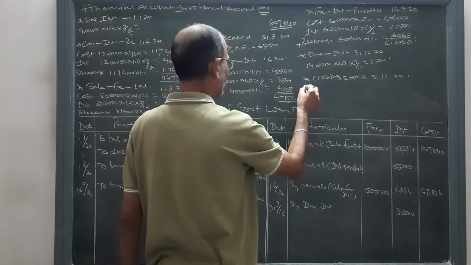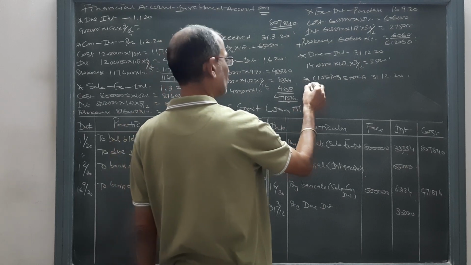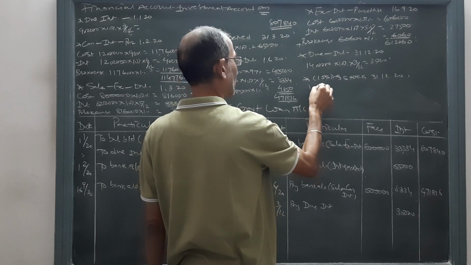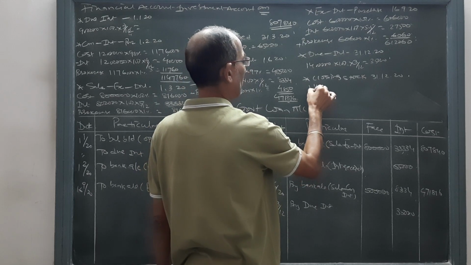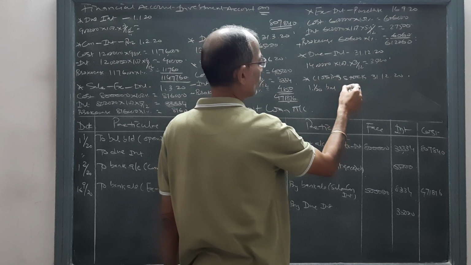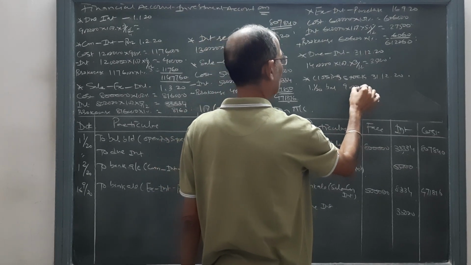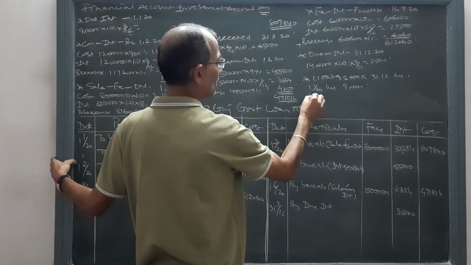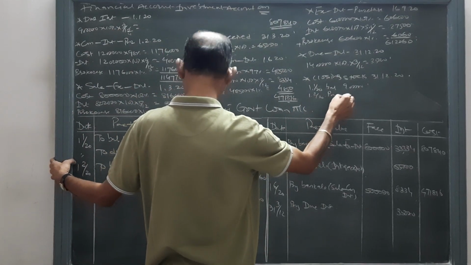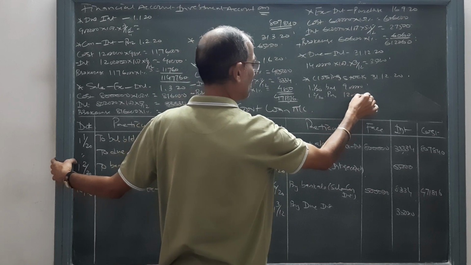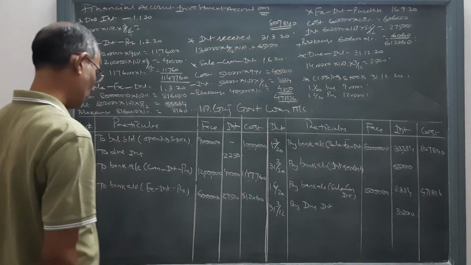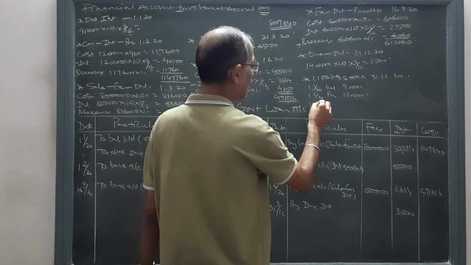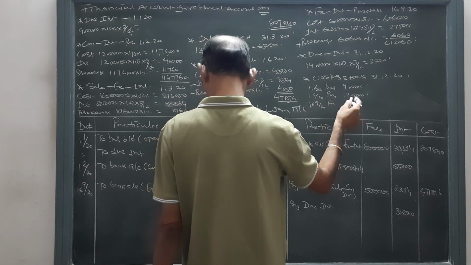Let me show you on the board. We had a balance on 1/1/20, balance was 9 lakh. Then after, on 1/2 a purchase of 12 lakh is made, and then after 16th September a purchase of 6 lakh.